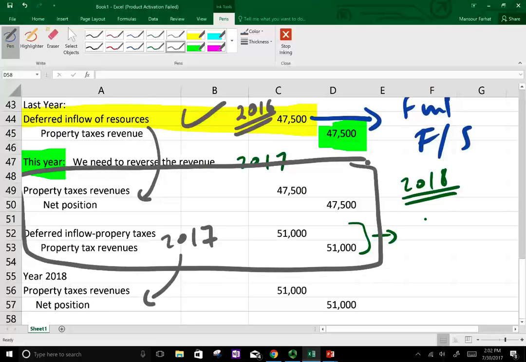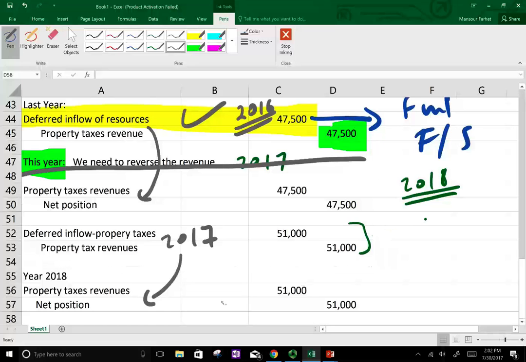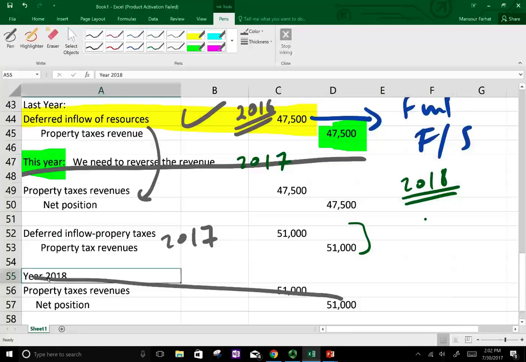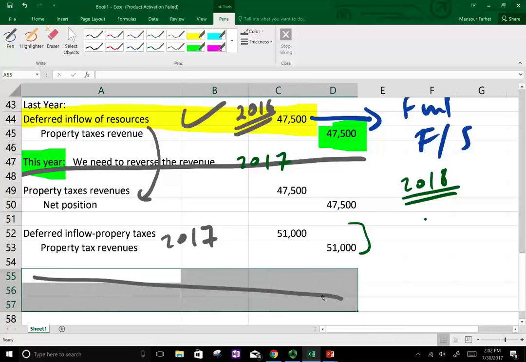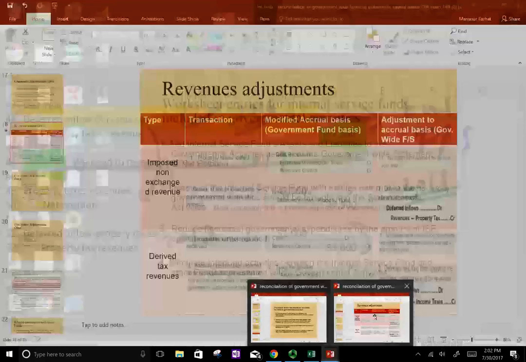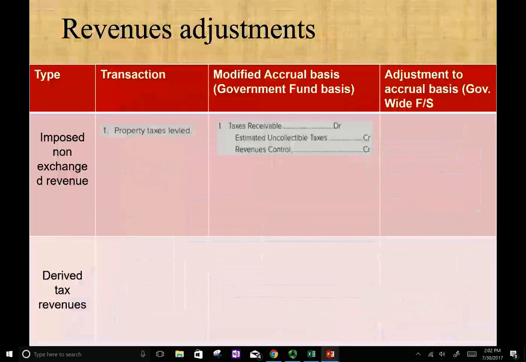I just showed you what happened in the prior year to show you what happened at the beginning of the year, what happened this year, and what would happen next year. Let me take out the 2018, we don't need it. But this concept applies when we do a reversal, so hopefully it will help you with that concept of reversal.